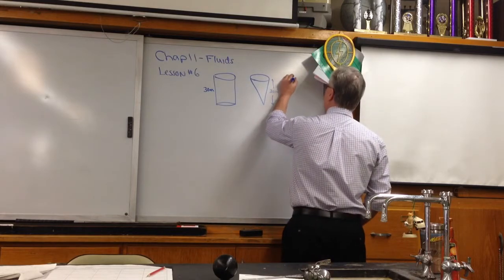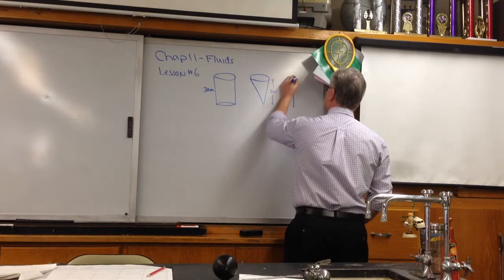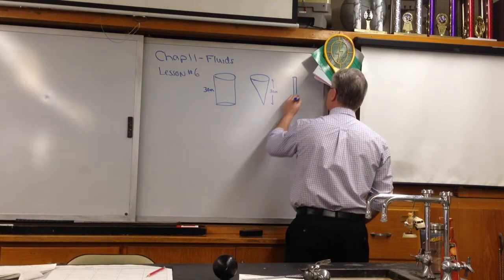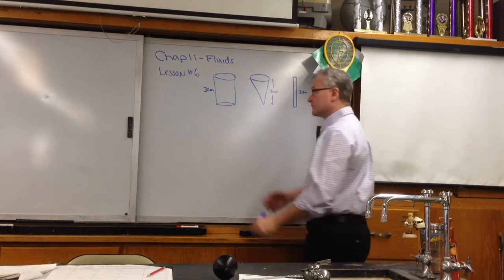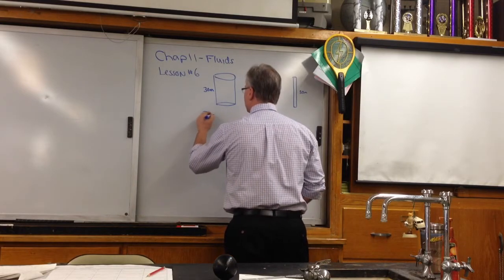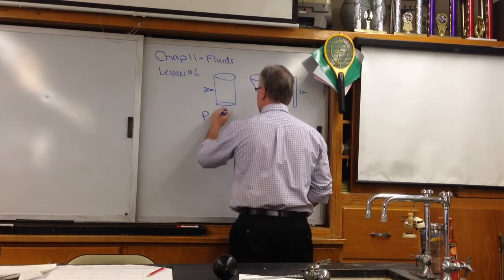How about if I have a straw? So I make a little straw, and the straw is 30 meters long. What's the pressure at the bottom of the straw? Well, if I use the formula here, pressure is equal to rho GH.